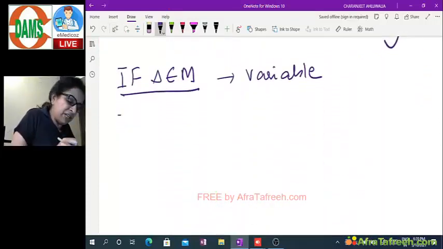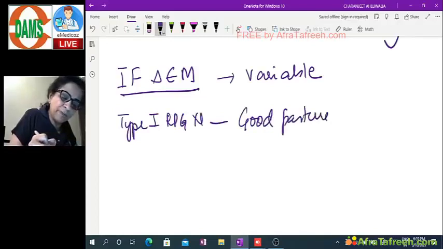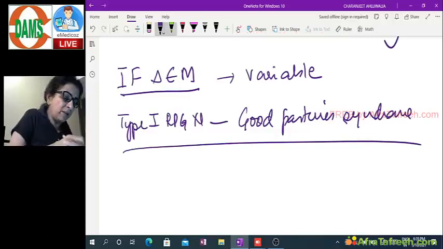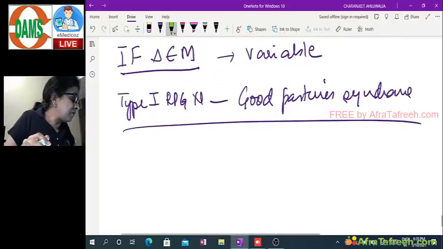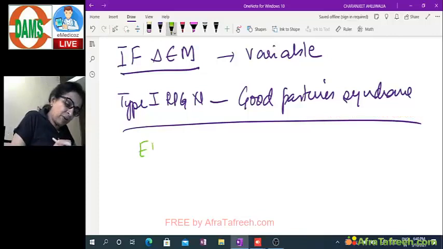So now in type 1 RPGN, which is Goodpasture's, which you see in Goodpasture syndrome, where are the deposits? The deposits are inside the GBM. So by electron microscopy, deposits are intramembranous.